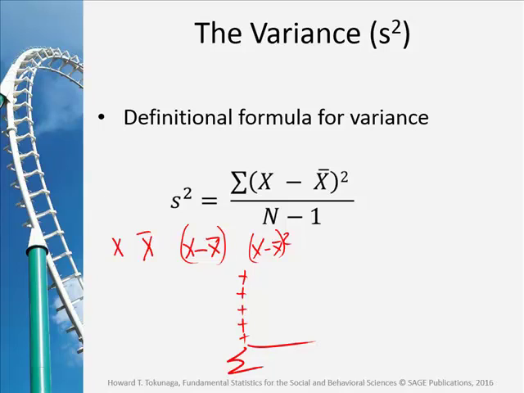And that's a good thing. We're being cautious. You just have to trust me on this. File it away, I'll come back to it later, and you'll be like, oh, that's why n minus 1. Okay. N minus 1 is simple subtraction, and then we've just got a very simple fraction, and ta-da! That's s squared.